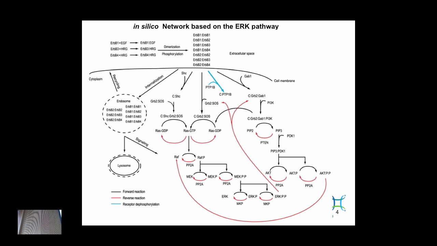So it's an in silico challenge, but we wanted it to be as close as possible to reality. And so we used a biological pathway, basically ERB signaling through GRB, RAS, here the MEK cascade, and the PI3 kinase cascade, and this is this complex network that we wanted to make more tractable.